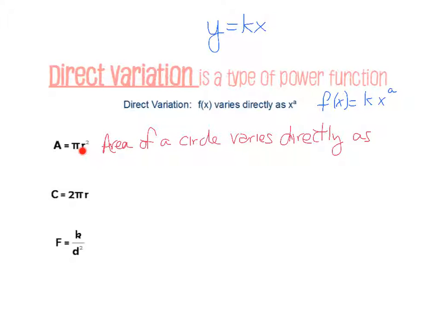R is your radius, and that is the variable that has a power going to it. The area of a circle varies directly as, and it's not just the radius, it's the radius squared. Sometimes they get fancy, and instead of saying as the radius squared, they'd say as the square of the radius.